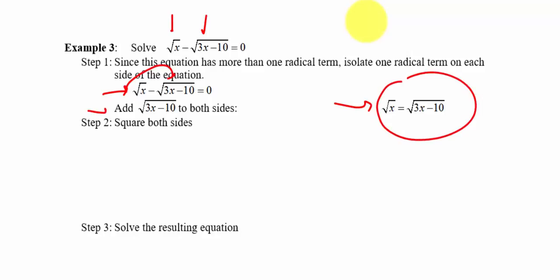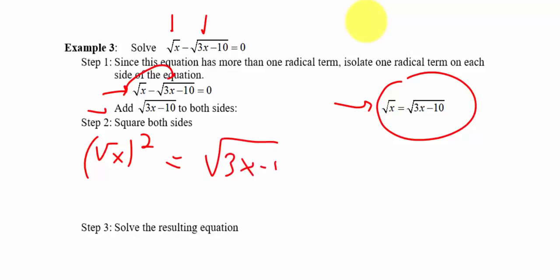Now if we square both sides, we have the square root of x, I'm going to square that, and we have the square root of 3x minus 10, and we square that. That's going to leave you with x equals 3x minus 10.